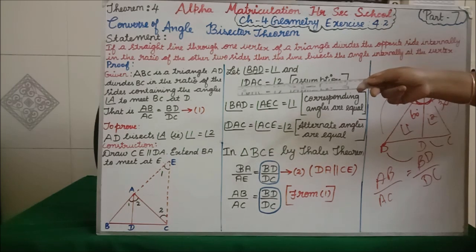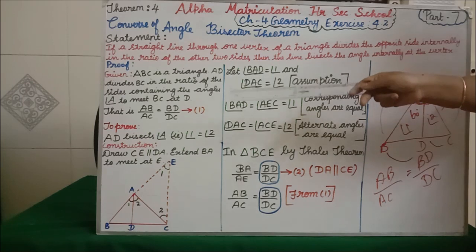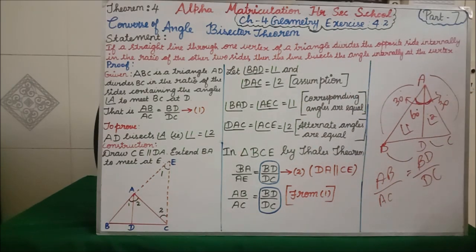AD divides BC in the ratio of the sides containing the angle A, to meet BC at D. Okay, AD divides BC in the ratio of the sides containing the angle A to meet BC at D.